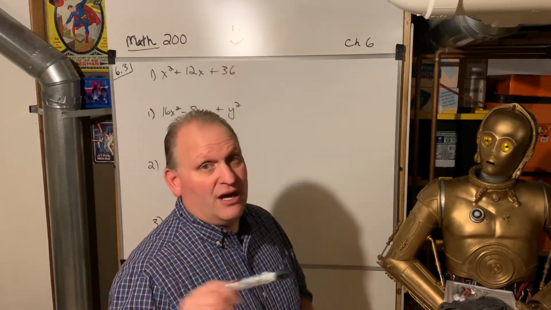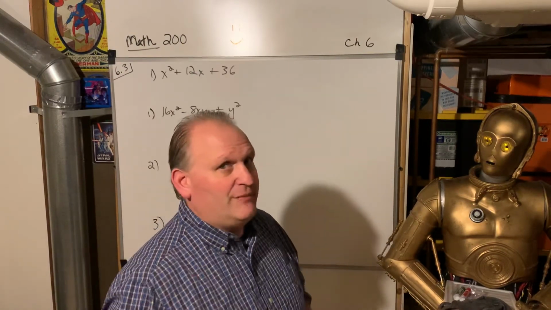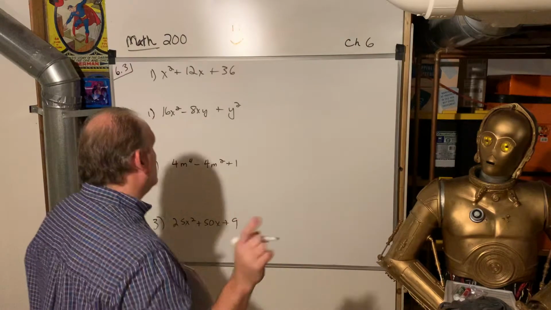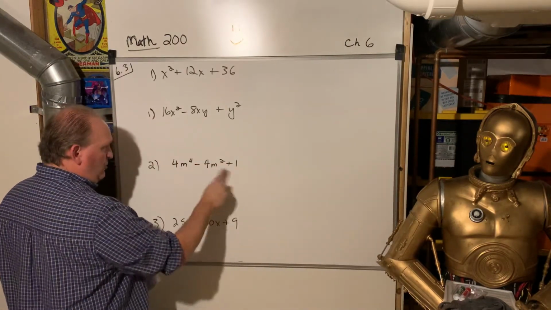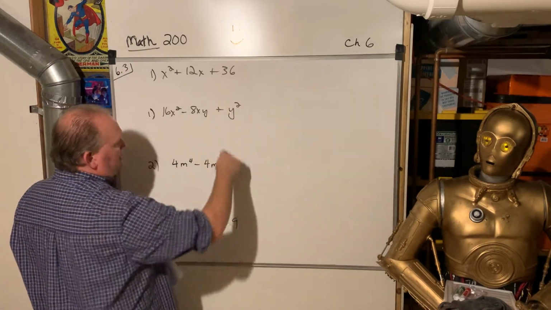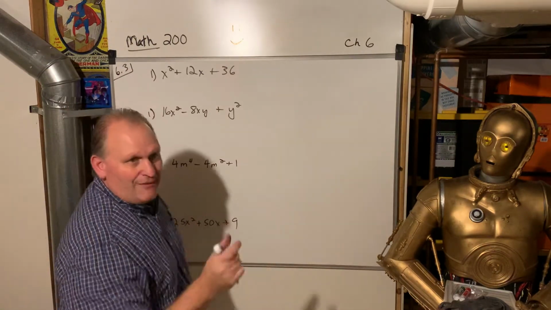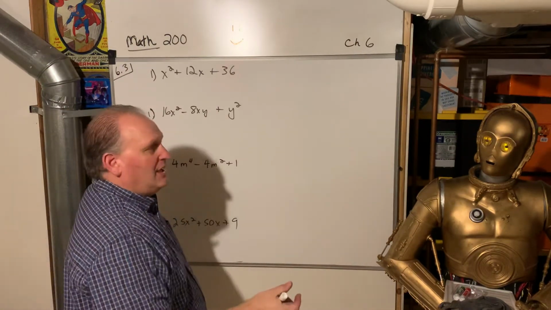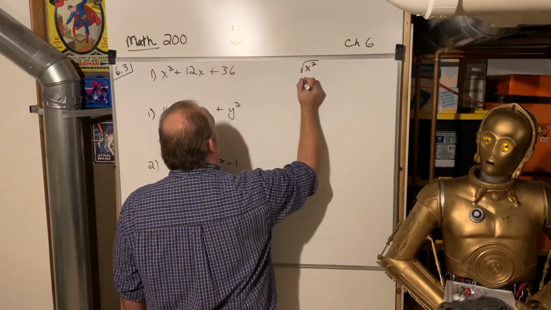It's even easier than unfoil factoring, where you had to figure out what multiplies to be the last thing and adds to be the middle thing. Even though it looks harder, because on some of these you think, oh no, it's a 16 and a 4, I'm going to have to AC method it. No, because they tell us these are perfect square trinomials. That means it's the same binomial times the same binomial, so to factor it you just have to know how to take the square root of stuff.